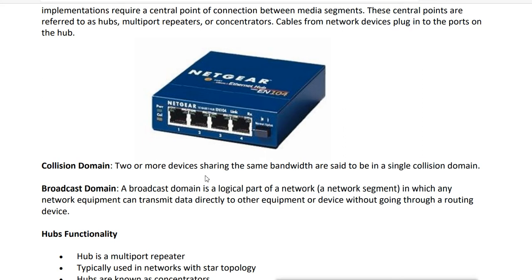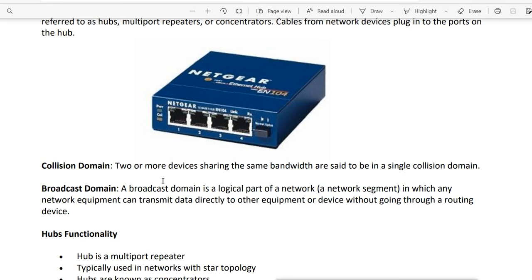Now one more thing: collision domain and broadcast domain. Collision domain: two or more devices sharing the same bandwidth are said to be in a single collision domain. That means when a collision happens, because it is working like a bus topology, how many devices will get affected? That is called the collision domain.